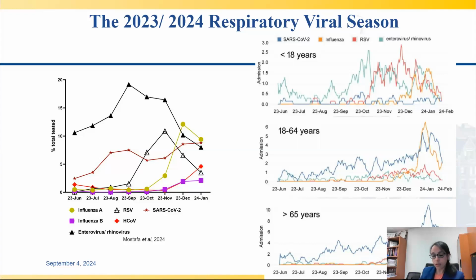This was in contrast to older age groups, where admissions were associated more with influenza and SARS-CoV-2. This is quite similar to the data that Kaisha showed.